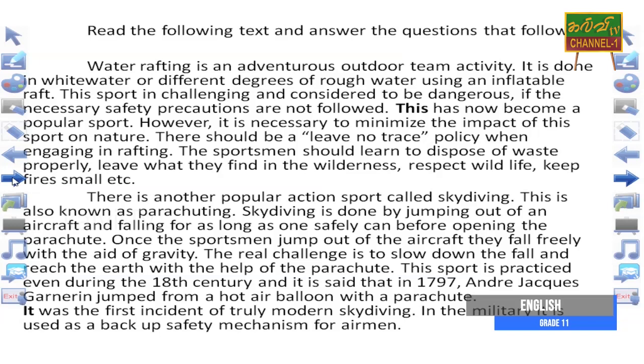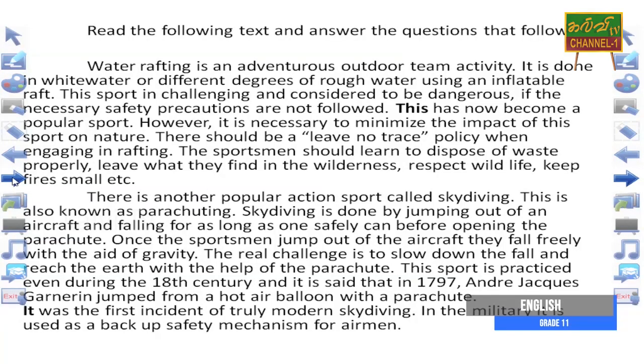The real challenge is to slow down the fall and reach the earth with the help of the parachute. This sport was practiced even during the 18th century, and it is said that in 1797 Andrew Jacques Garnerin jumped from a hot air balloon with a parachute.